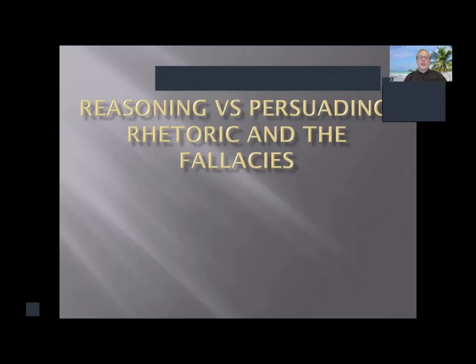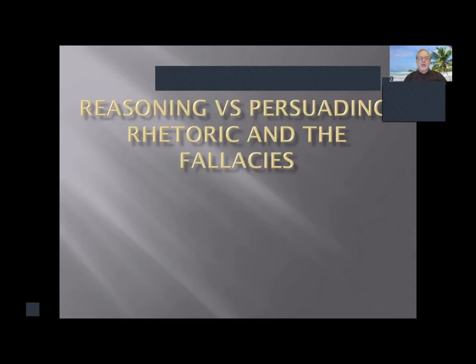Now, it's hard to give a good formal definition of what a fallacy is, so here's an informal one. A fallacy is a bad argument that nevertheless tends to persuade people. To understand why people can be persuaded by bad arguments, we need to talk about the difference between reasoning and persuasion.